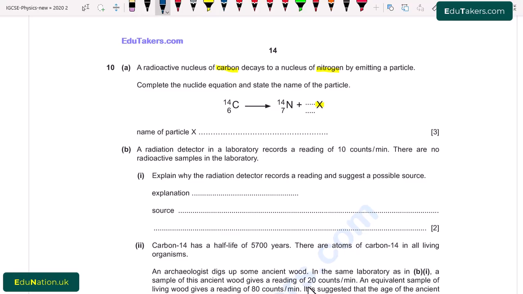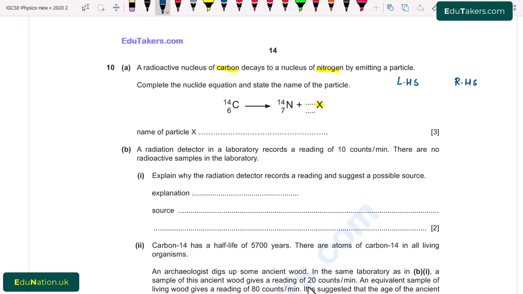First of all, we know that for balancing a nuclear equation, the number of protons, neutrons and electrons on both sides must be equal. It means that the atomic number and atomic mass on both sides of the arrow must be equal. So first we check the left hand side and then the right hand side.